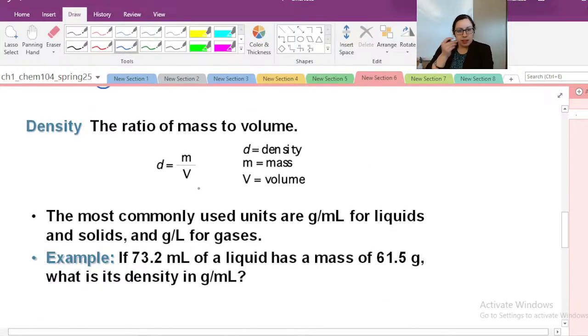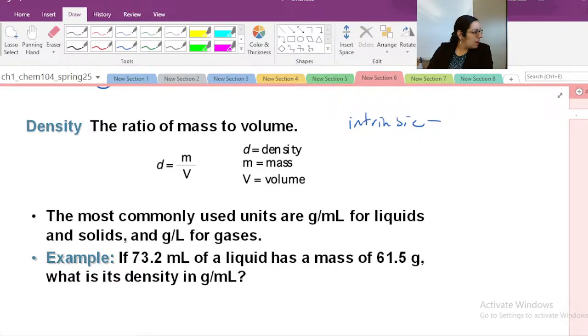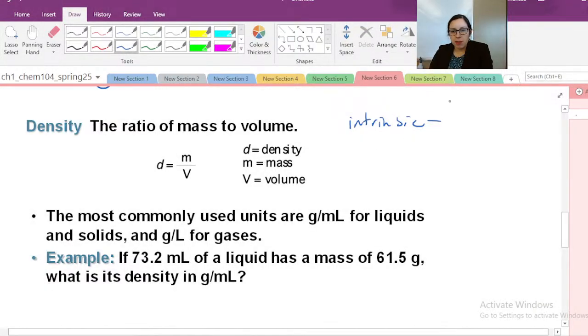So density is our intrinsic property, meaning it does not depend on the amount. That is useful, and why we care about that is we can identify substances.